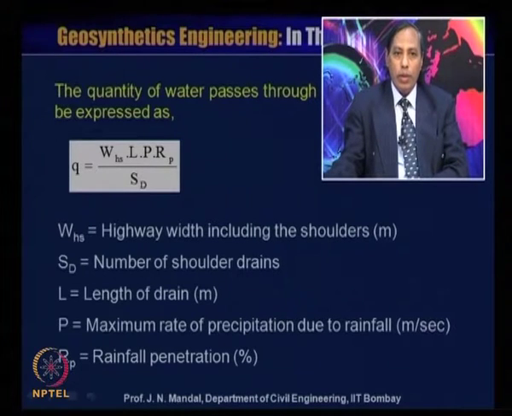L is the length of the drain, P is the maximum rate of precipitation due to rainfall, RP is the rainfall penetration in percentage, and SD is the number of shoulder drains.